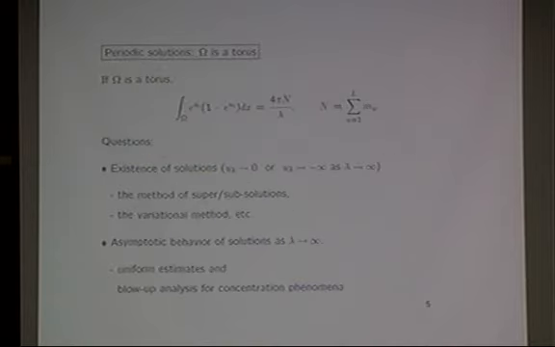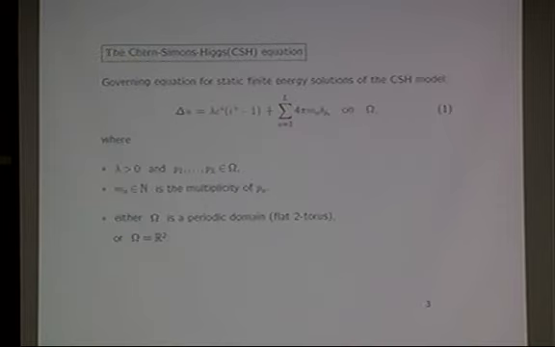Okay, let me mention some existence and asymptotic behavior results for periodic solutions when the domain omega is a torus. If omega is a torus, this equality easily comes from integration by parts, and here capital N means the sum of multiplicities of each zero. Actually, this zero is often called a vortex point, and near this point, the material is approximately in the normal state.